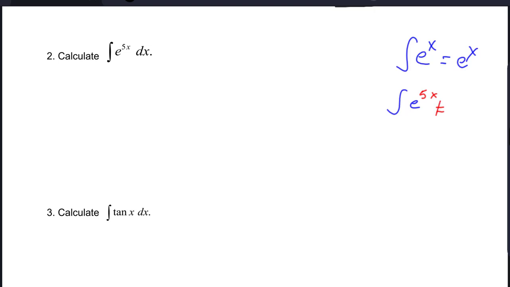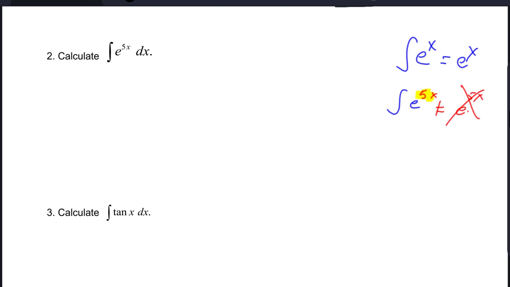It is not e to the x. It's way more complicated than that. Not too much more complicated, but this has a function. 5x is a function inside the exponent. So we are dealing with a function 5x inside the exponential function.